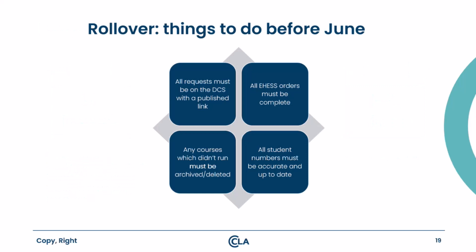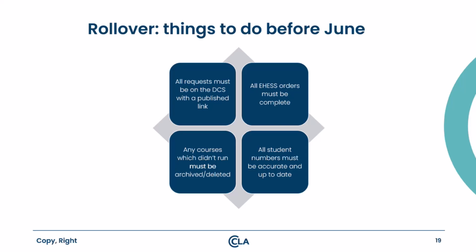Now let's move forward to things to do before rollover. All your requests must be on the DCS with a published link. ES orders must be in a complete state to roll over. So if you have any pending orders, you will not be able to roll over, but we'll talk a little bit more about that later.